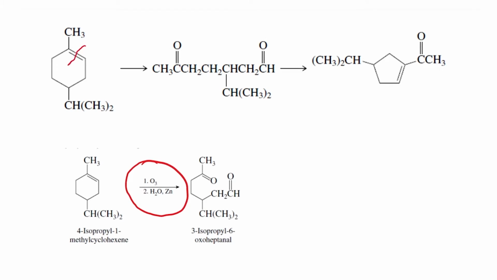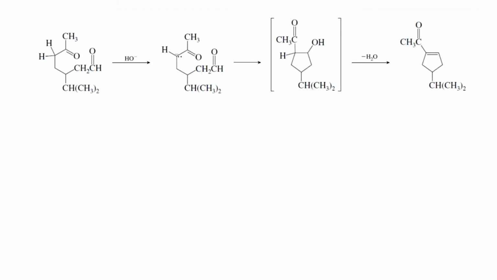In order to be systematic, you need to number the carbons and follow the numbering very carefully. Please go ahead and do that, and you will see that this is the product formed out of ozonolysis followed by reaction with zinc.